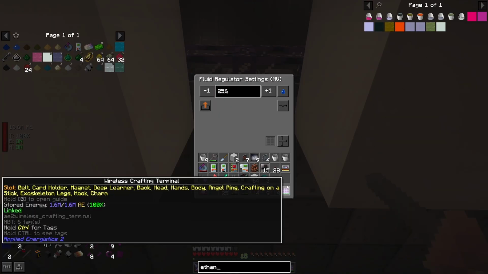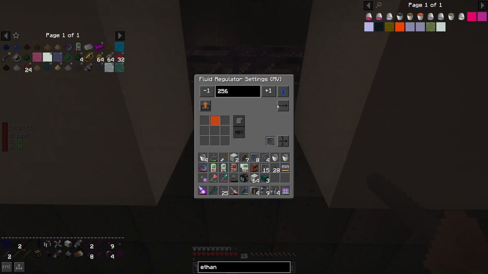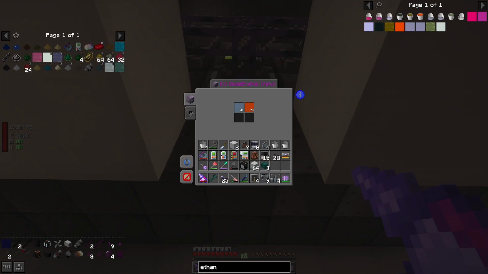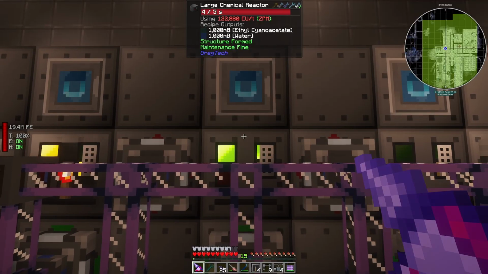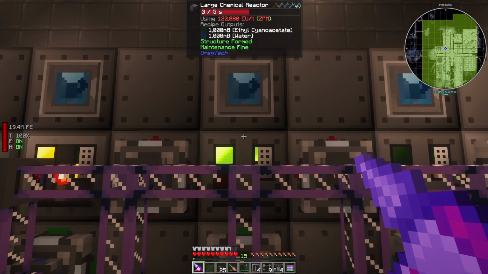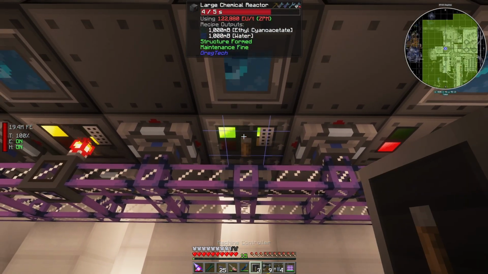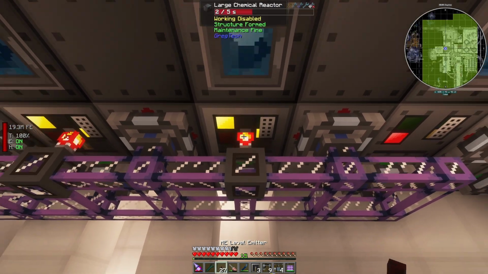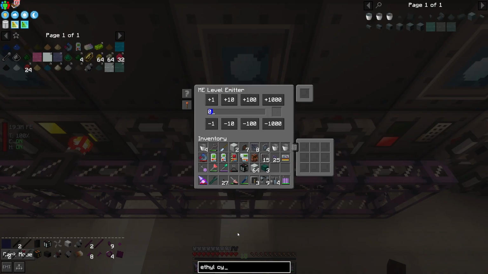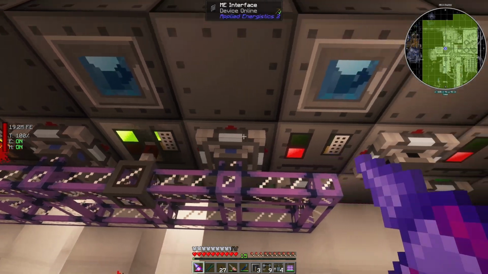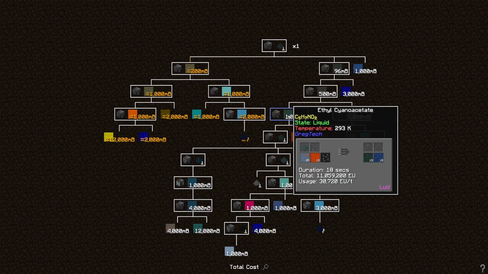Ethanol, keep exact, one bucket. Import. Okay, that's happy, and that's spitting out our ethyl cyanoacetate. Okay, so ethyl cyanoacetate, 128. Good, good.